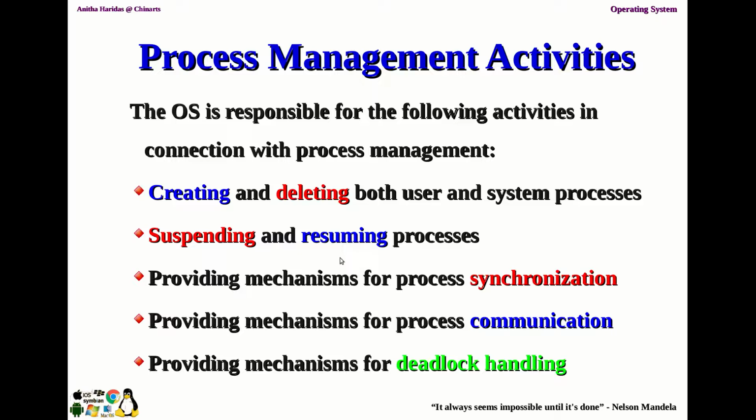Since the computer system is going to have more than one processor, and some of these processors are interconnected, it needs inter-process communication and inter-process synchronization. They have to synchronize very well.